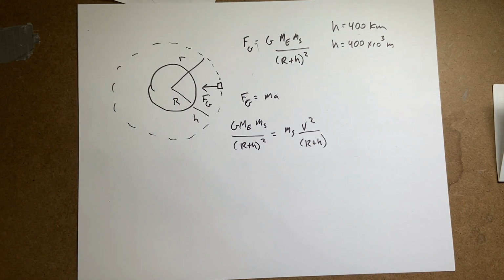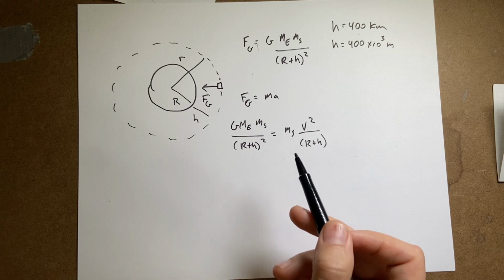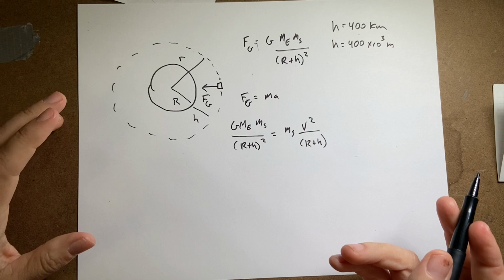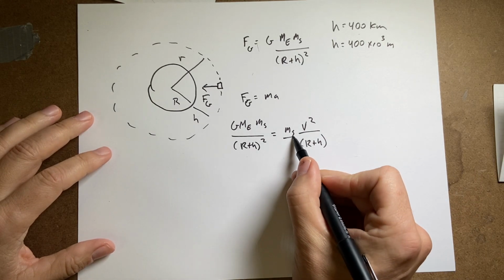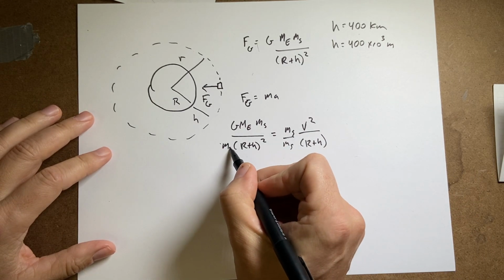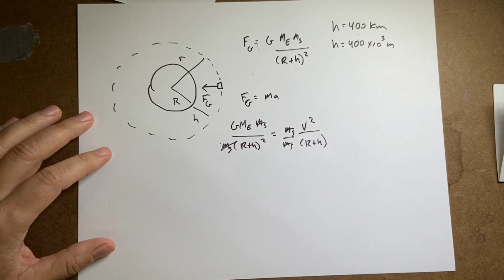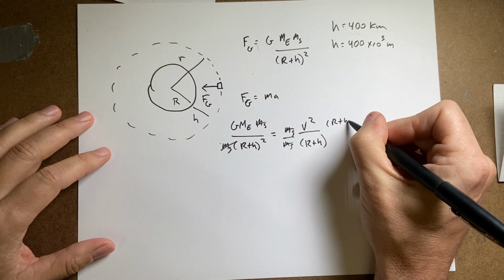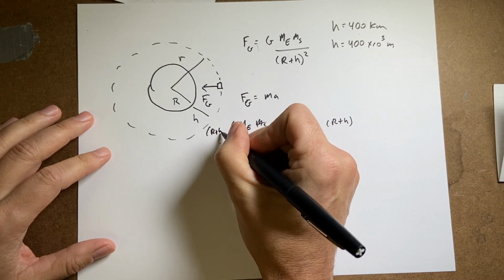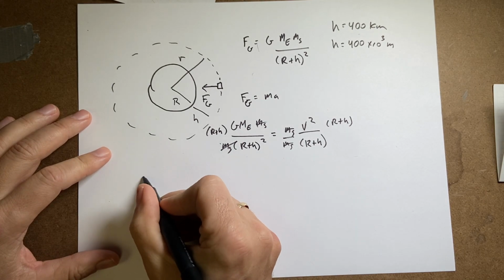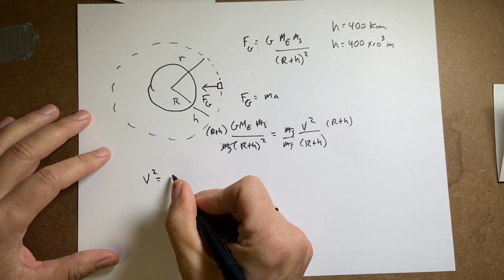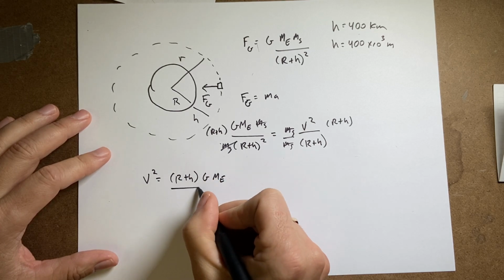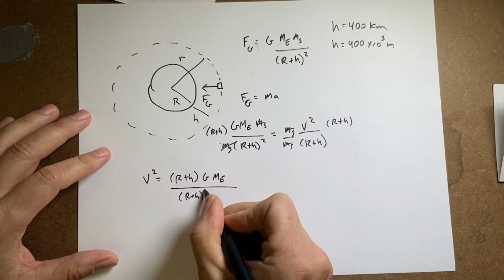Okay, so now I want to solve this for v squared, or for v. Let's just do some algebraic stuff here. Number one, I can divide both sides by Ms, the mass of the space station. Cancel, cancel, cancel. Okay, so that's good. Next, I'm going to multiply both sides by R plus h. So now I get v squared equals (R plus h) times G, mass of the Earth, over (R plus h) squared.